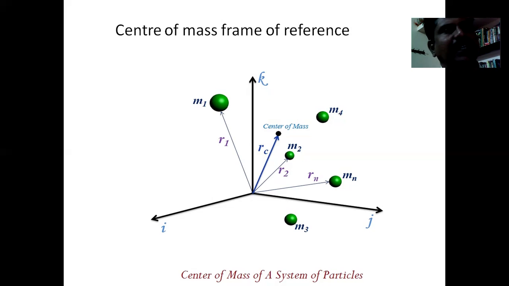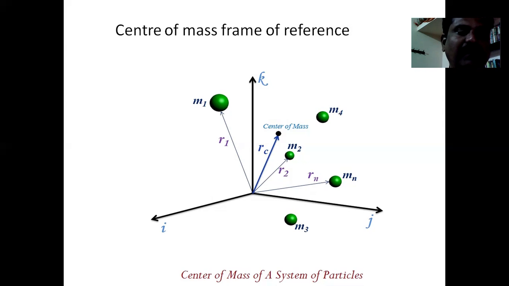In the case of the center of mass of the system, we consider one point at which the entire mass of that system is concentrated, and we call it the center of mass. We consider it as a frame, and from that point we measure some variable quantity. That is why it is called the center of mass frame of reference.